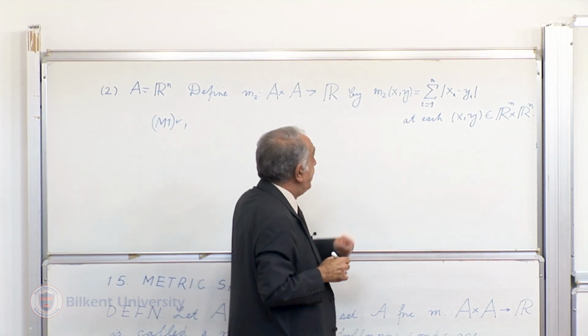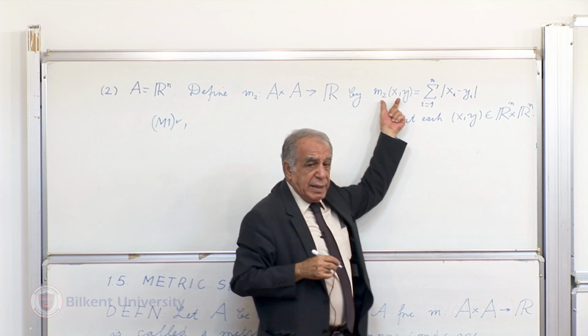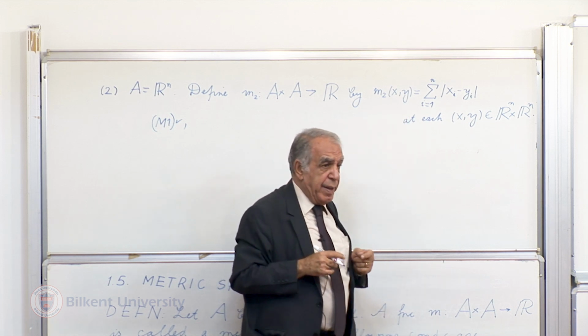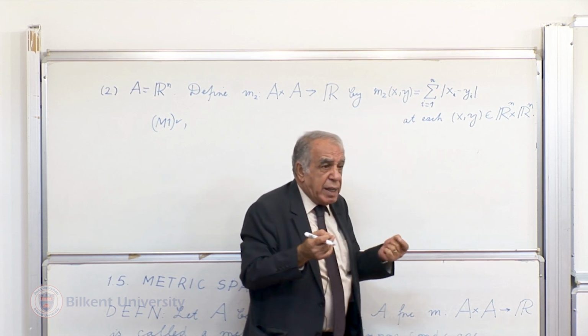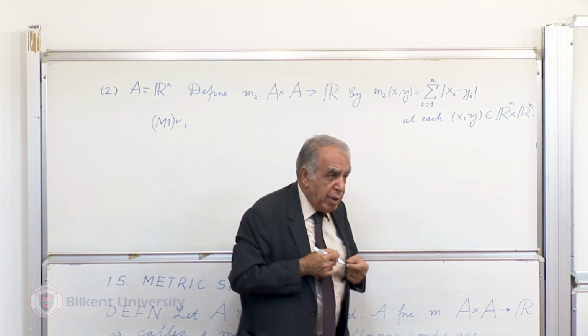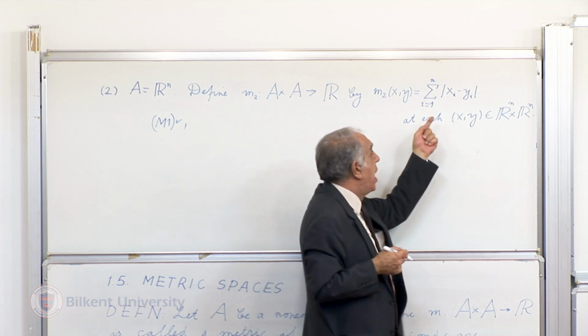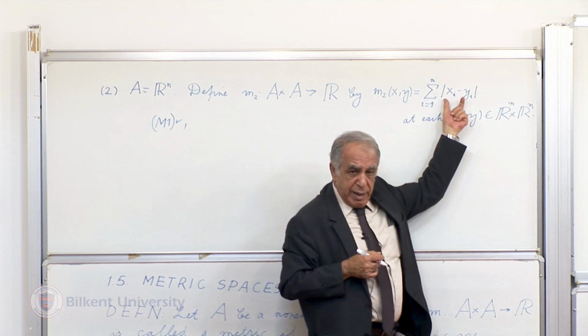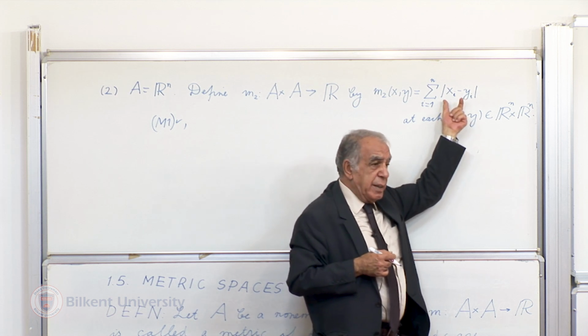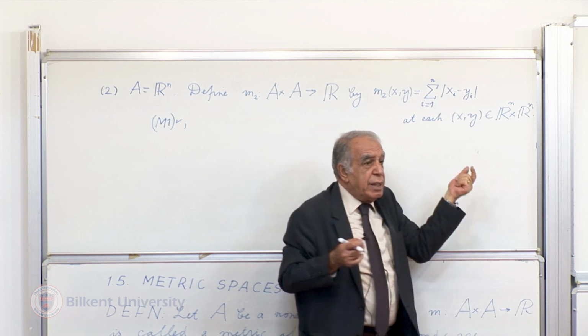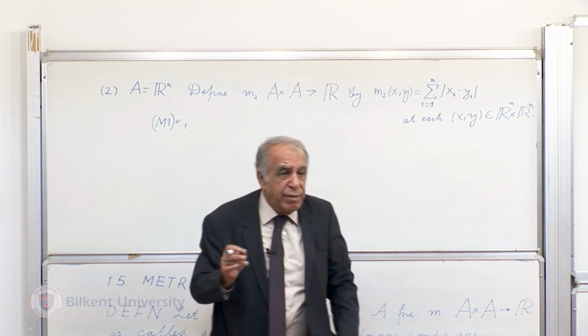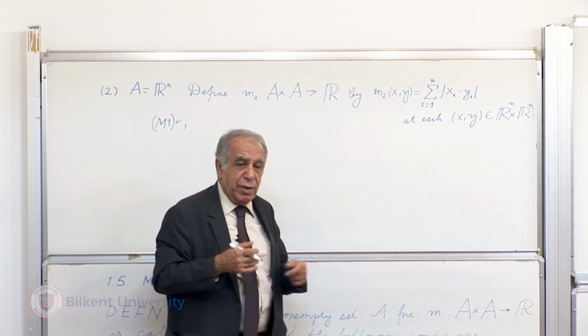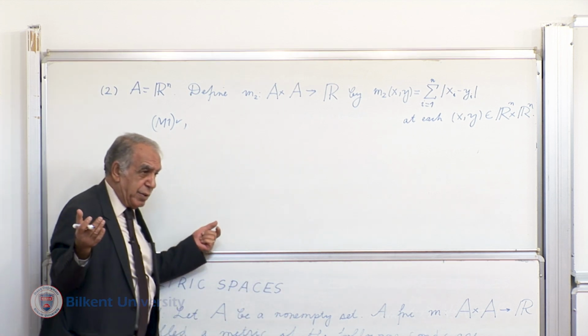For M2, if x and y are the same, that means all the corresponding components are the same. For each i from 1 to n, xi and yi are the same. So this becomes 0 for each i. So this is the sum of n zeros, which is 0. So one direction holds.